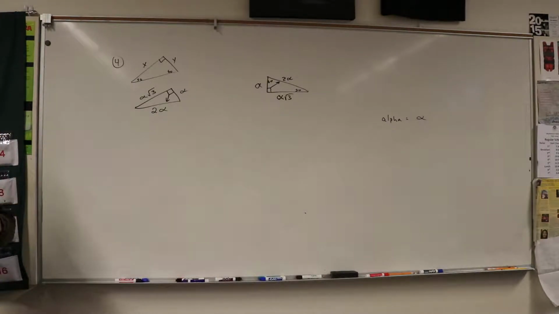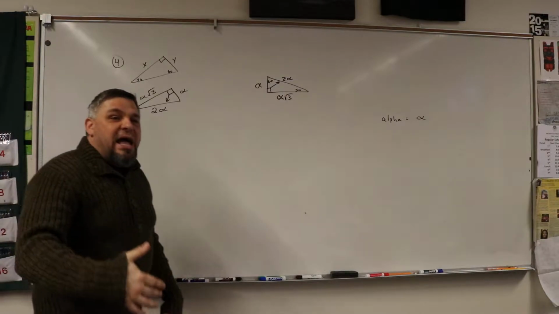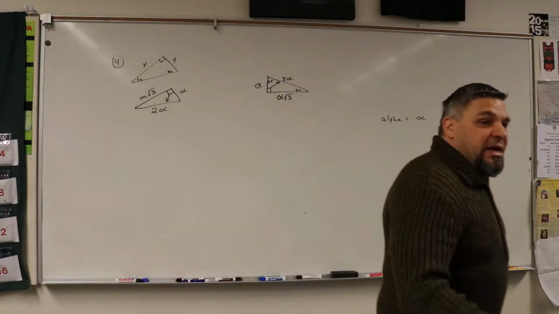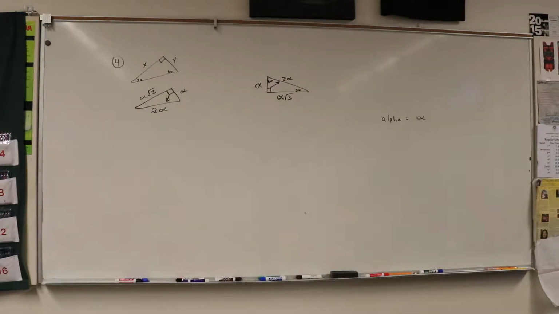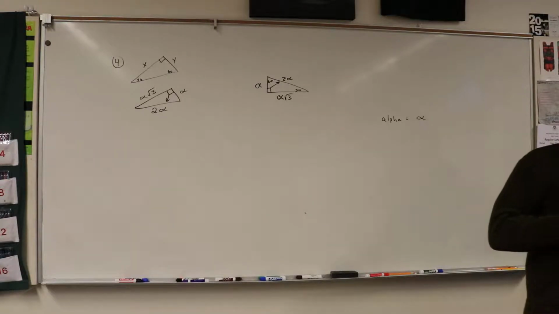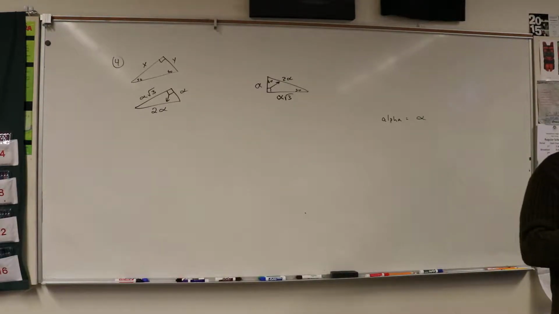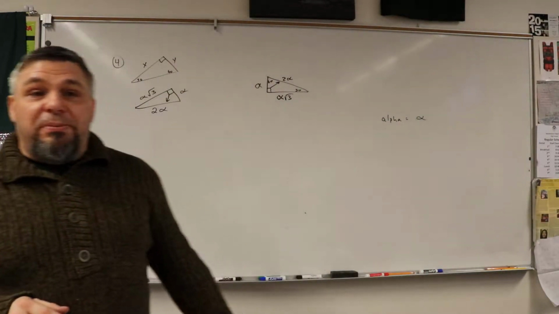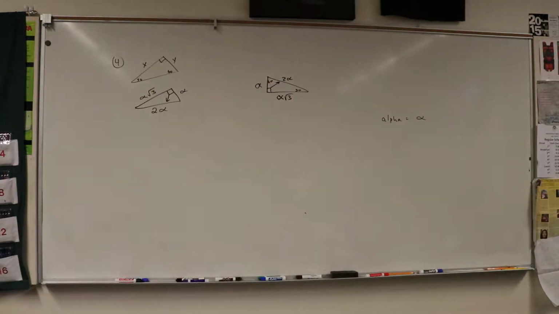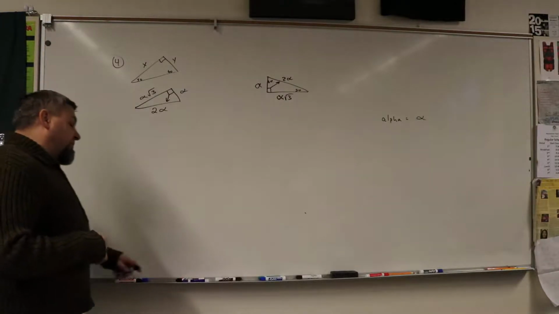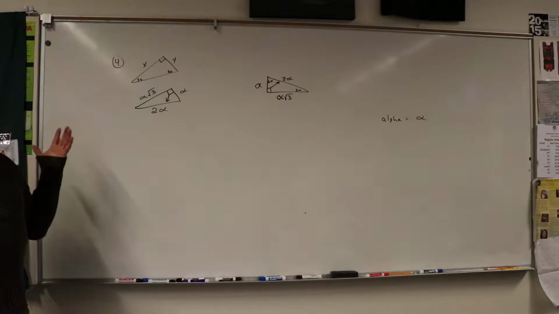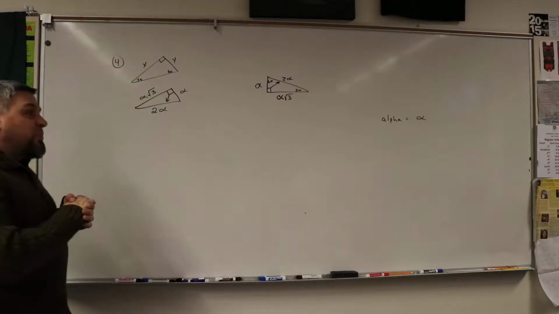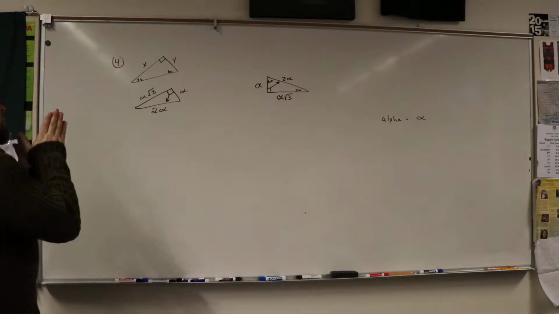Now this way you don't have to say black X, purple X, red X. Does that make sense? I feel like this is harder than doing purple X and black X? It could be. If you want to do purple X and black X, you can. It's all up to you. I'm just giving you another way of doing it. That's it.